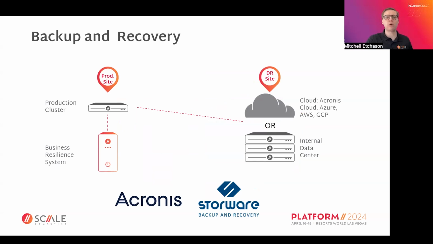In addition to our own built-in backup and DR technology, we also support third parties. Almost any third-party backup solution can be used to back up HyperCore VMs by deploying in-guest agents. However, we also have several options for agentless integrations, namely with Acronis and Storware.